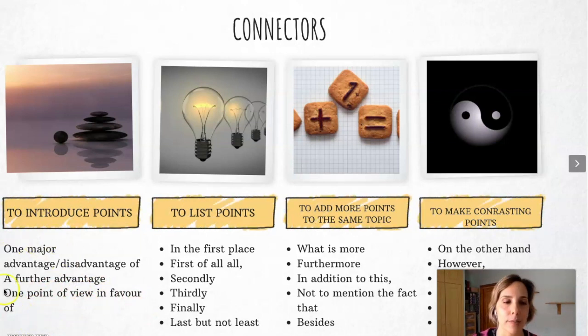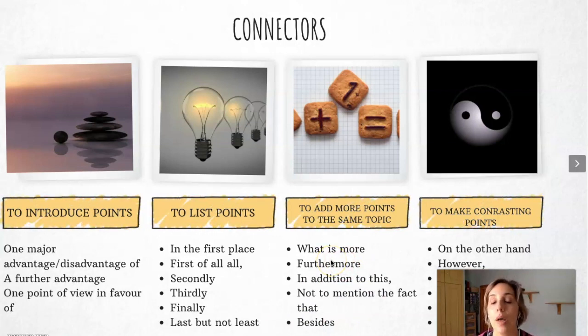So here are some expressions or connectors that you might use when you are introducing topics. In order to list some points, you have here all these connectors that I'm sure you are familiar with. And also, if you are adding more points to the same topic, for example, if you are mentioning all the advantages and you mention the first one, to continue with the second, you would say "what is more" or "furthermore", and any of these ones that are included in this group.